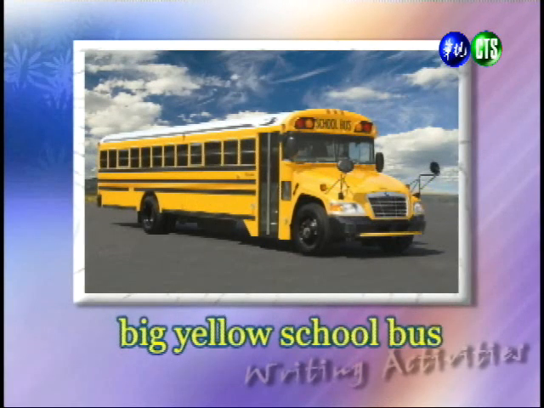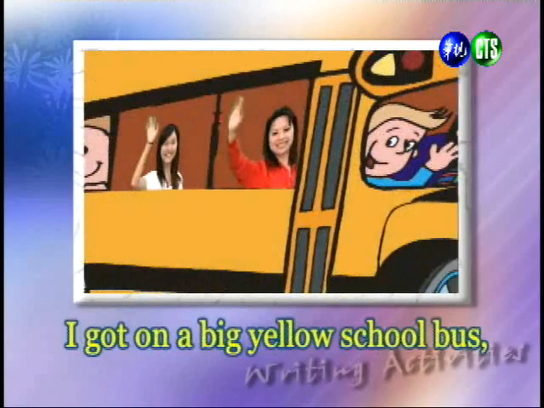If we pick some adjectives for this bus, we might come up with big, yellow, and school bus. 好，第一个是校车 school bus。我们在图片上看到它是一台蛮大的黄色的车，所以我们会说它是一台 big yellow school bus。If we put these into a sentence, we end up with this phrase: I got on a big yellow school bus. 好，如果我们把这些形容词放到句子里面，就会得到这样的句子：I got on a big yellow school bus.